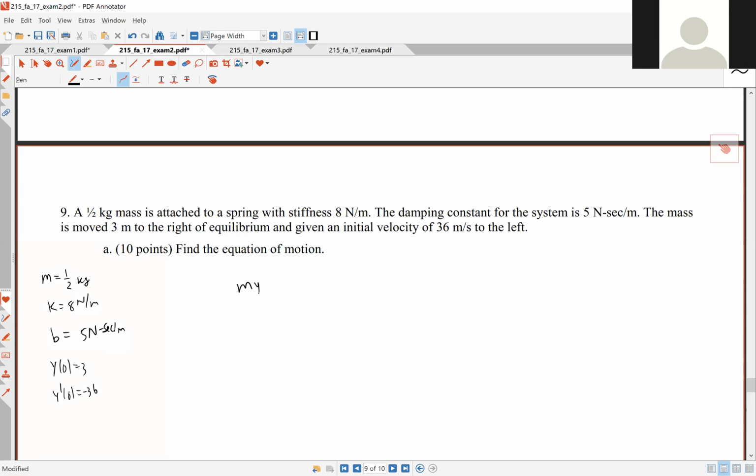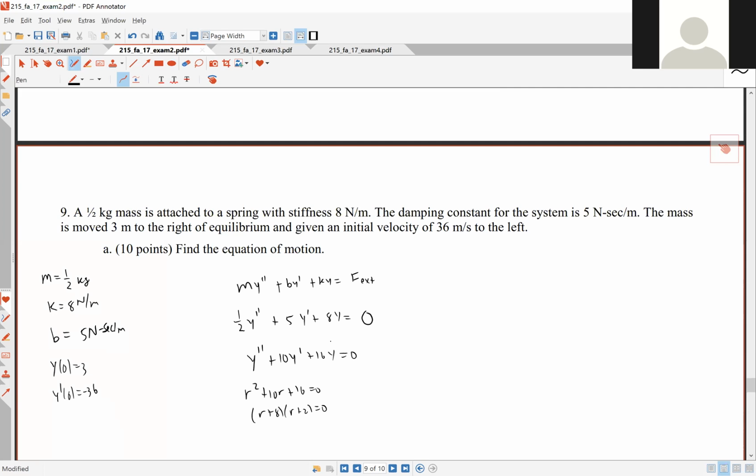We have the equation of motion as my double prime plus by prime plus ky equals f external. m is 1/2, b is 5, k is 8. We have not given it any external force. Multiplying both sides by 2, we go characteristic equation, r squared plus 10r plus 16 equals 0. And that's r plus 8 and r plus 2 equals 0.